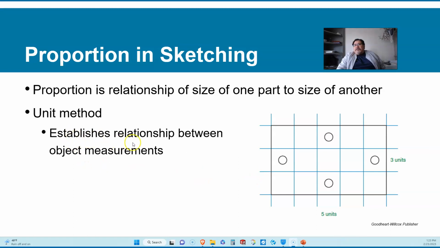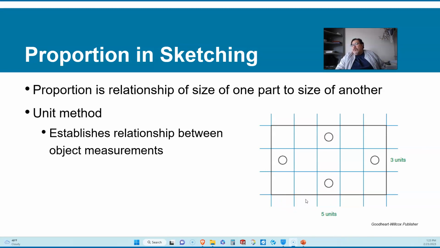So you're establishing the relationship between objects using the unit method, right? That's what these squares are. They're units. And so when I said spaces, 3 units and 5 units, 1, 2, 3, 4, 5, we're talking about these spaces or squares that we're calling units.